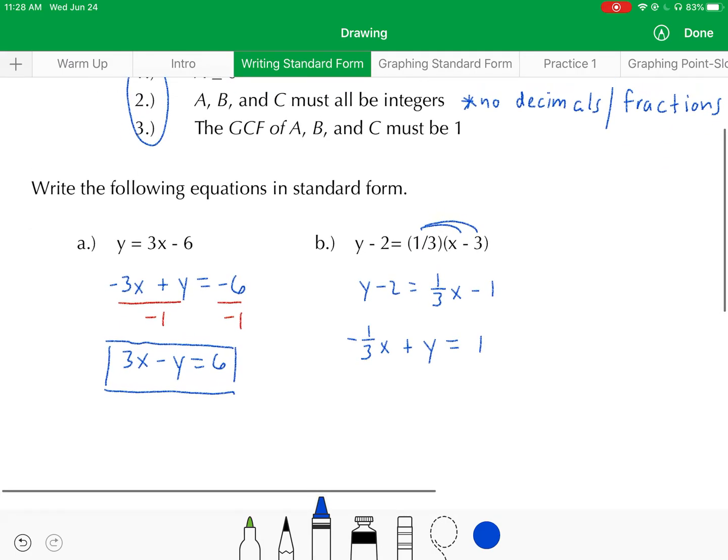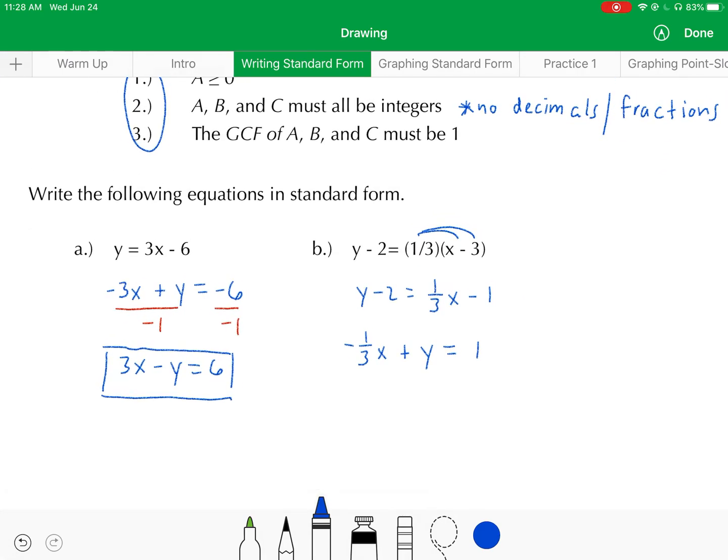Okay. Now x and y are on the same side, but I've got a couple of issues. Here I've got an a value that is both negative and a fraction. So I can handle both of those issues at the same time if I just multiply both sides of the equation by negative 3.